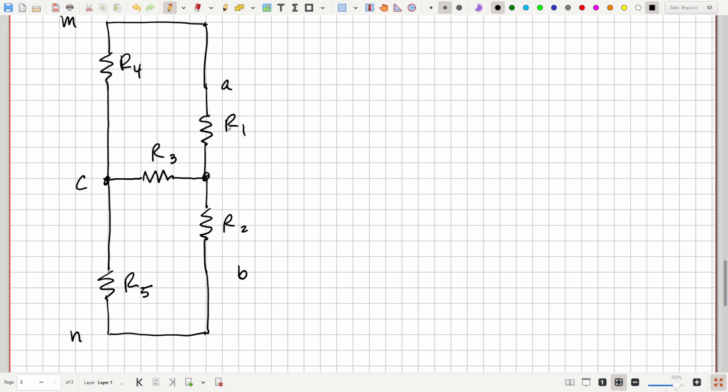we're going to transform R1, 2, and 3, this T, into a pi. So let's come over here. And so let me make this centered so it'll go like this.